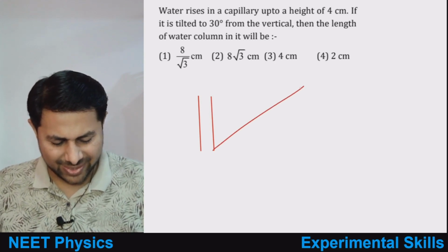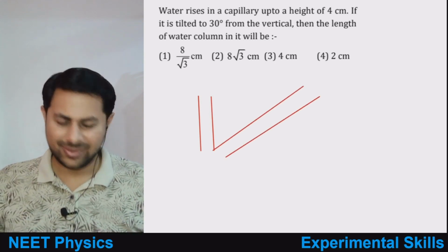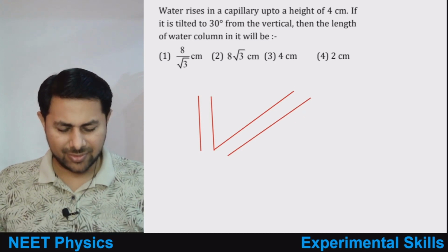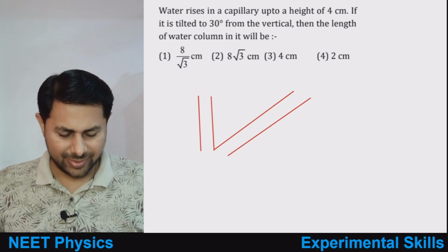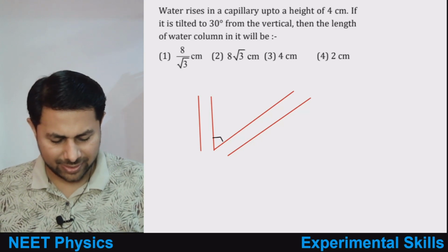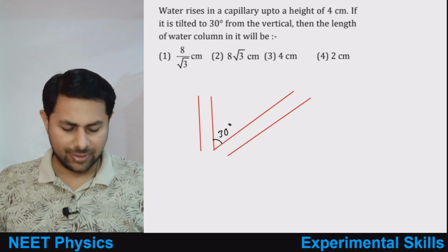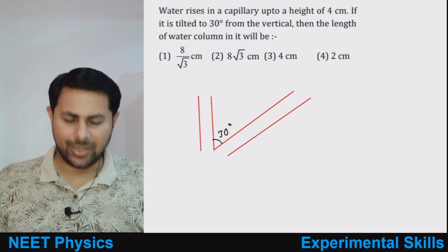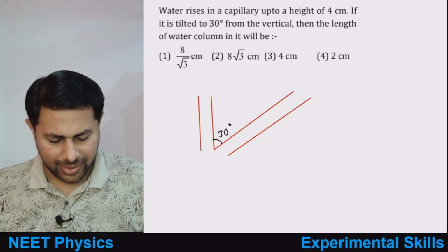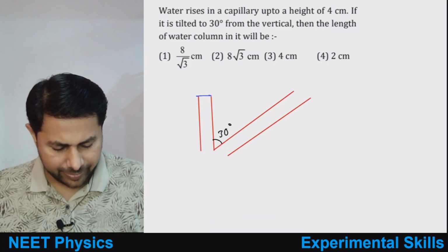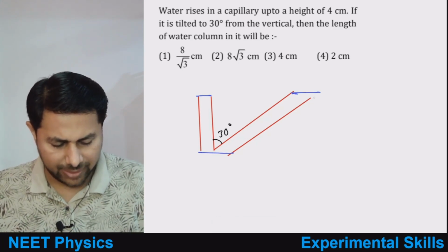If the capillary tube is tilted like this by 30 degrees from vertical, so this angle is 30 degrees. So still the height should be the same. We remember that the height of the water column should be the same in both cases.